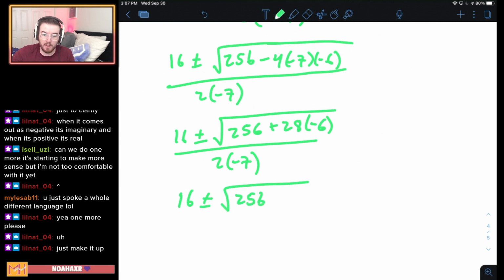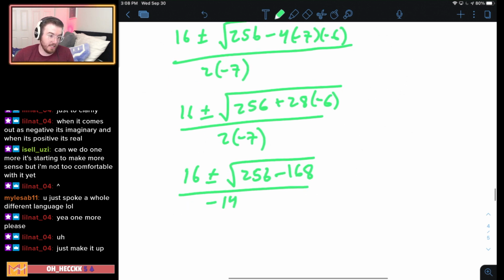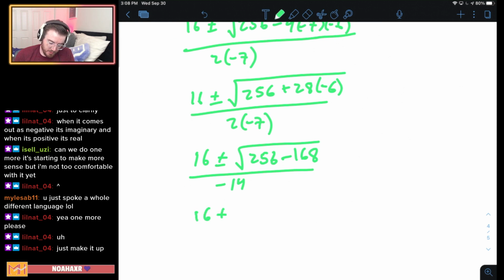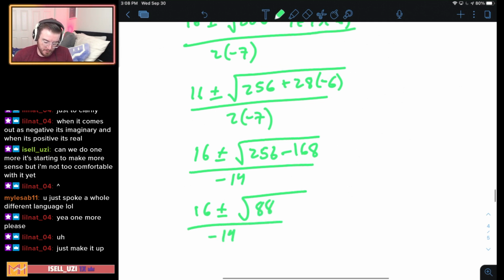I was doing some of this all at once, but I'm taking it super step by step because why not? So 28 times negative 6 is negative 168 all over negative 14. I'll go ahead and multiply that together finally. And then 16 plus or minus the square root of 256 minus 168, which is 88, all over negative 14.